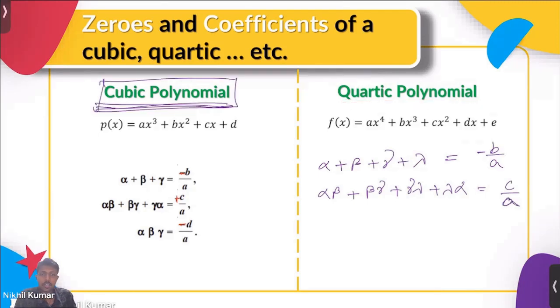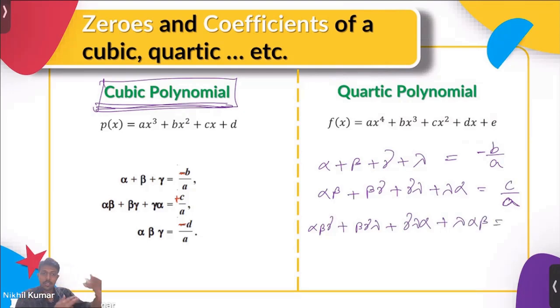Sum of roots taken 3 at a time. That means alpha beta gamma plus beta gamma lambda plus gamma lambda alpha plus lambda alpha beta.